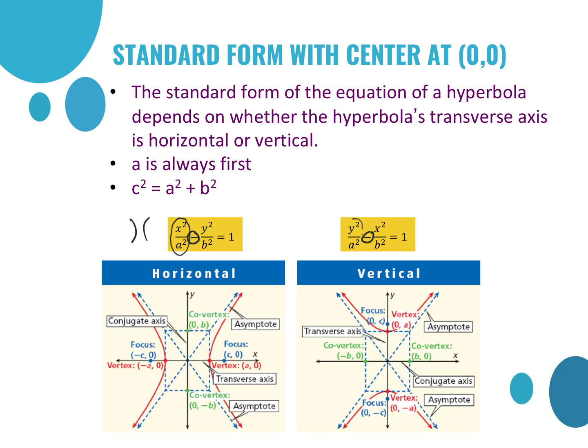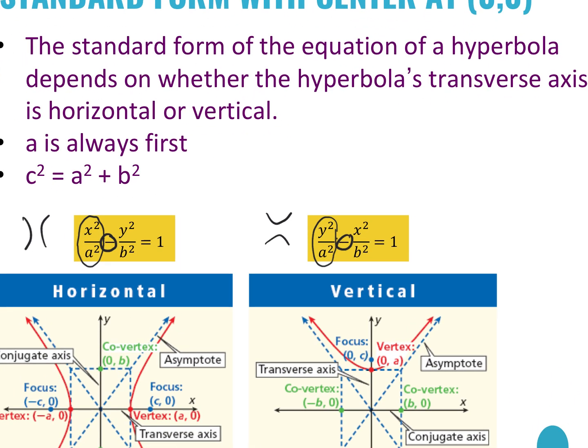And in the second one, the a squared is with the y squared, so I know it's going to be an up-down, a vertical hyperbola. So a squared is just whatever's first. Sometimes A is smaller. Sometimes you're going to have a 4 down here and then a 100 over here. So that doesn't really matter. It's not a matter of which one's bigger like an ellipse. It's just whatever shows up first.